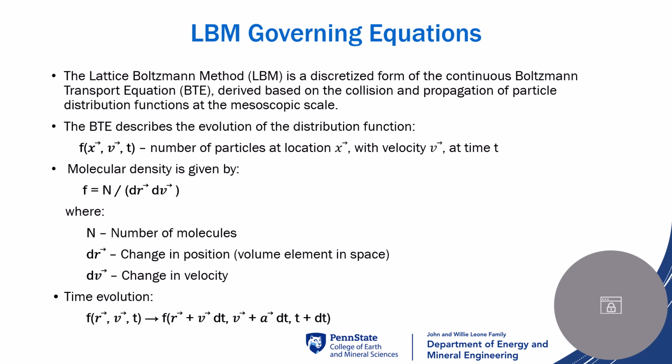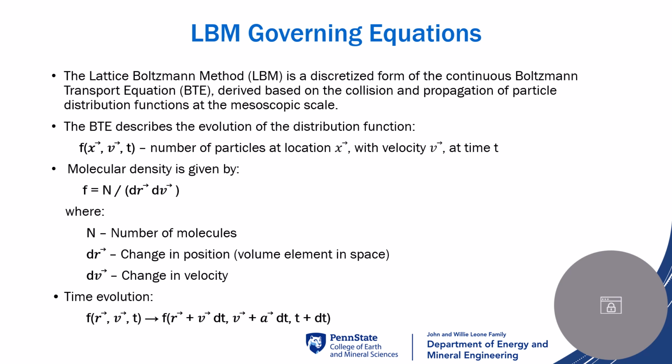The molecular density is quantified by the expression f = dn over dr dv. Here n is the number of particles inside a tiny region of space and velocity. The dr term refers to a small volume element in space, a tiny cube for example, and dv is the small region of velocity space we are considering.